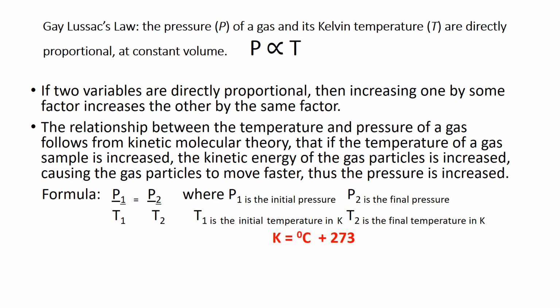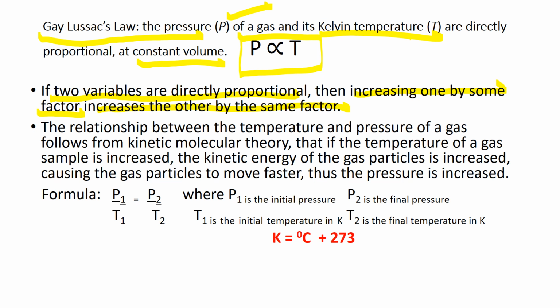So another law is Gay-Lussac's law. According to Gay-Lussac's law, the pressure and the Kelvin temperature are directly proportional at constant volume. So this equation is showing the direct proportionality of pressure with temperature. So again, if two variables are directly proportional, then increasing one by some factor increases the other by the same factor.